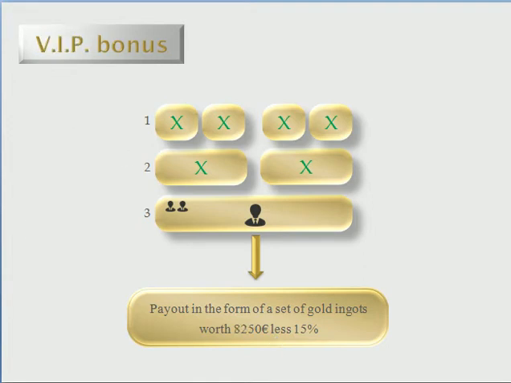For the VIP bonus order, that is if you join the VIP contract, you fulfill your requirement, the payout is 8,250 euro less 15% worth of gold. And finally, the last order, which is the VIP plus order, on fulfillment of the requirement and completing your cycle, the payout is 29,600 euro less 15% worth of gold bars.